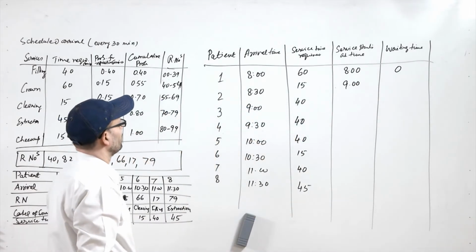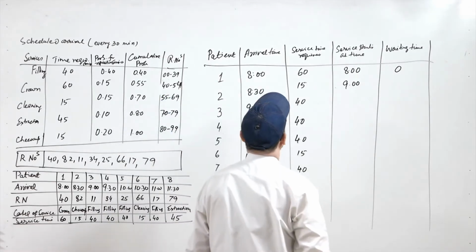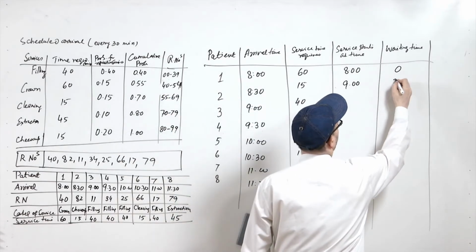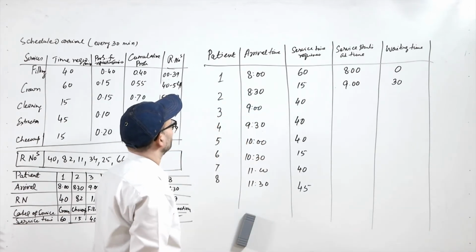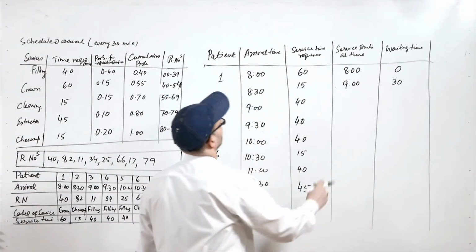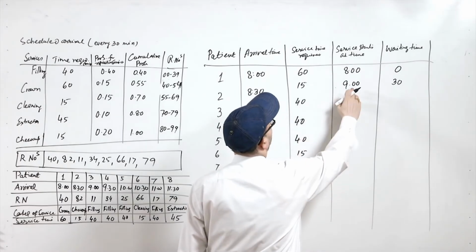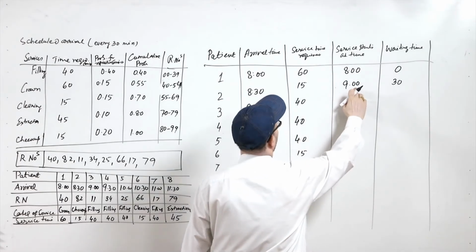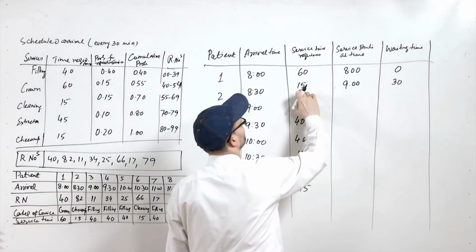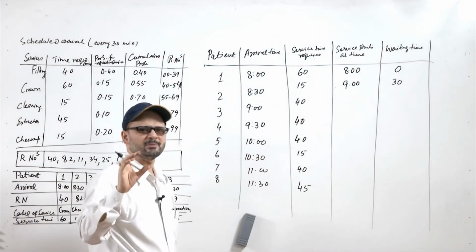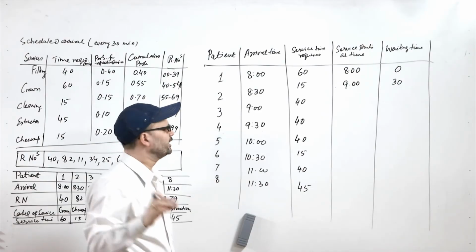So, for him the waiting time will be 30 minutes. The third customer has come to get the service at 9 and he needs a time of 15 minutes for the service to complete.